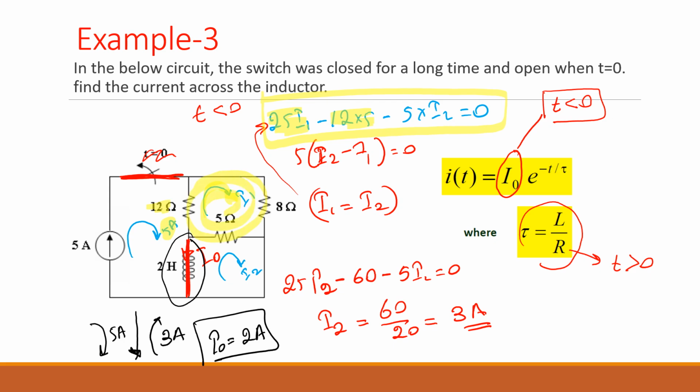You don't have to use the mesh, okay? You can use any method. We just have to find the current across the inductor, I naught. And you can write the mesh to the second one here. So you only have one resistor, that is 5 times I2 minus I1 is 0. So we can say I1 is equals to I2. Agree?